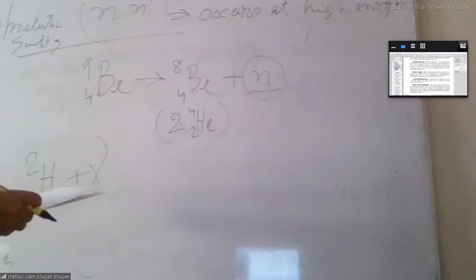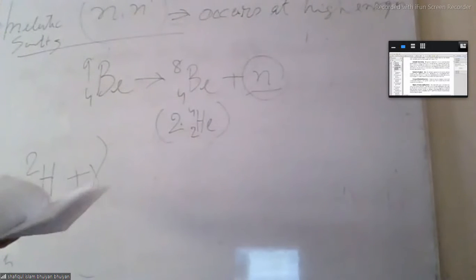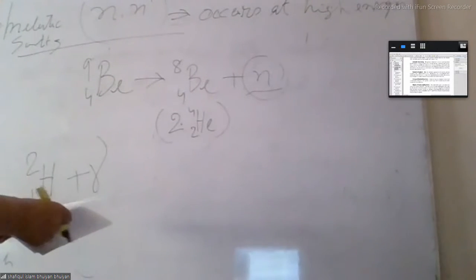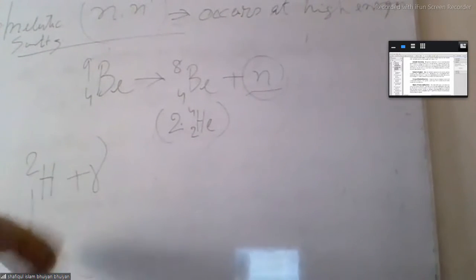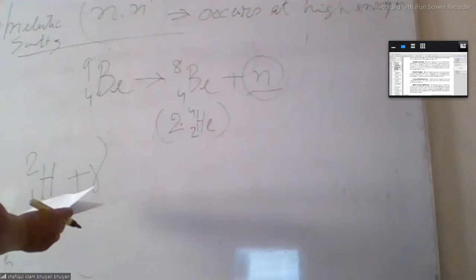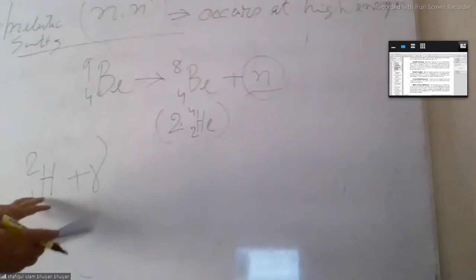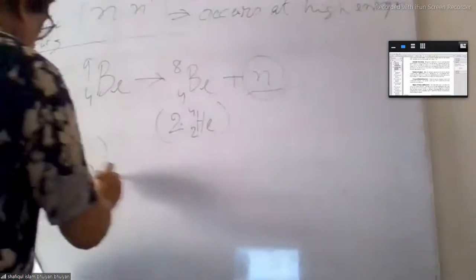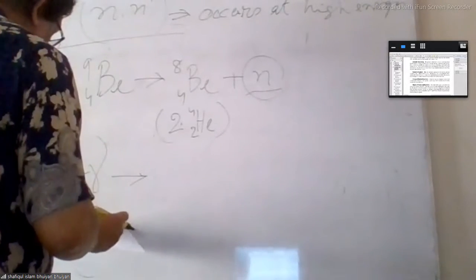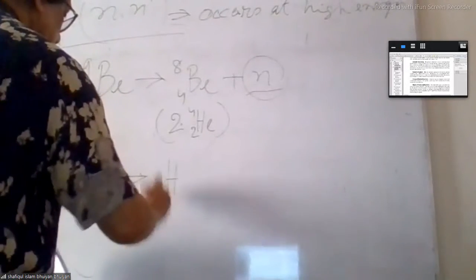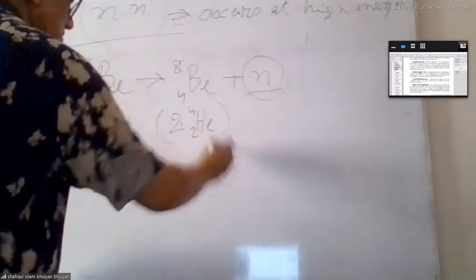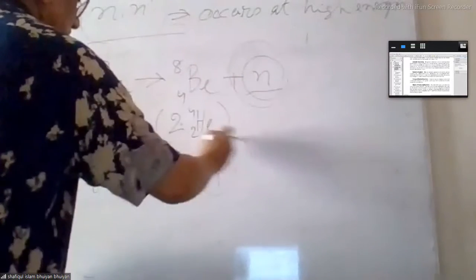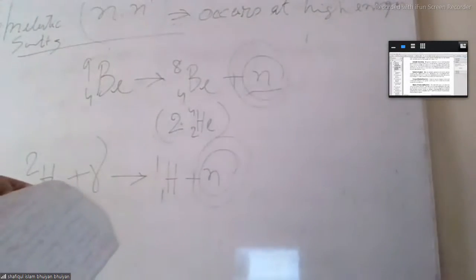These are called photoneutrons, the (gamma,n) reactions. Here this gamma radiation is coming, and since this is loosely bound, as we have seen, it gives hydrogen plus neutron. So these two reactions are neutron producing reactions, which is important for the neutron producing reactions that we talked about earlier.